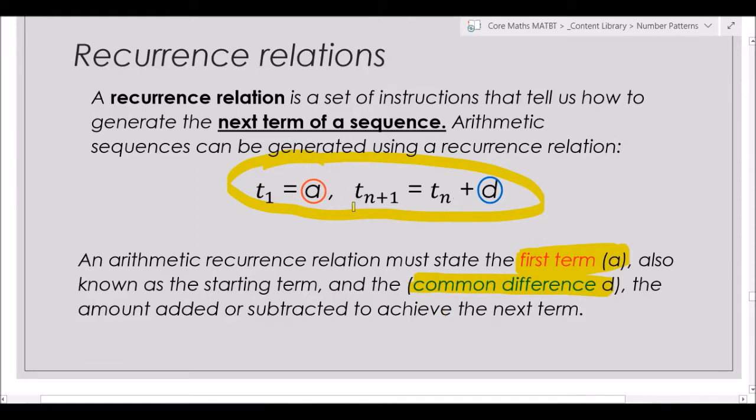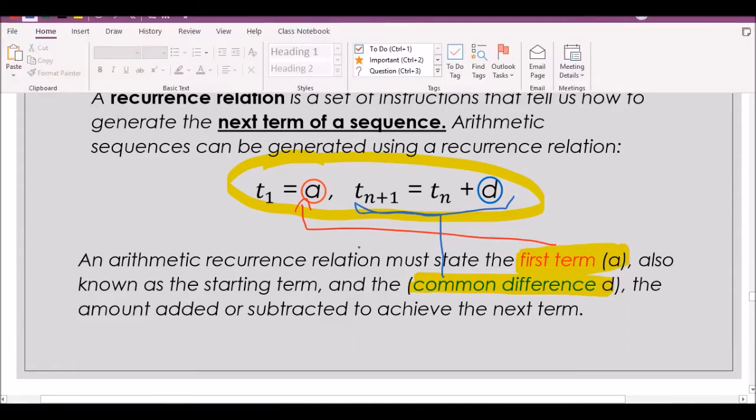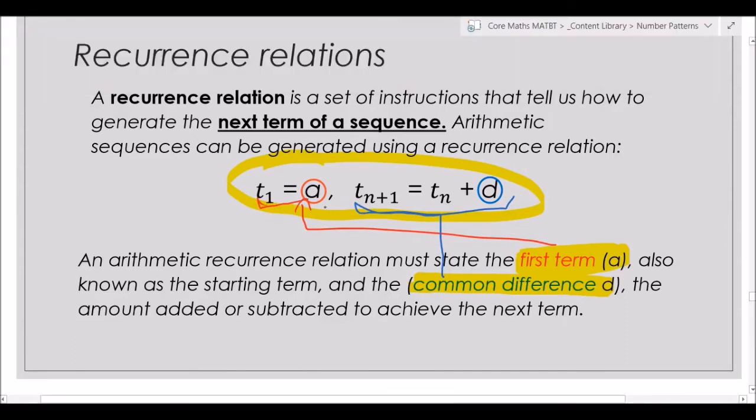So those are two things that a recurrence relation tells you. What's the first term, which is this part of the instruction, and what's the common difference, which is this part of the instruction. So there's two parts that you need to know for any recurrence relation.